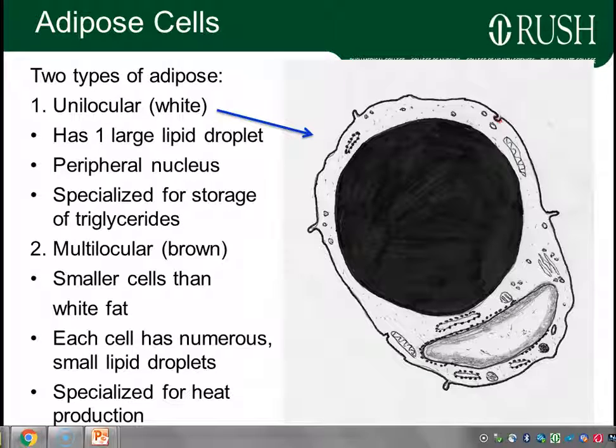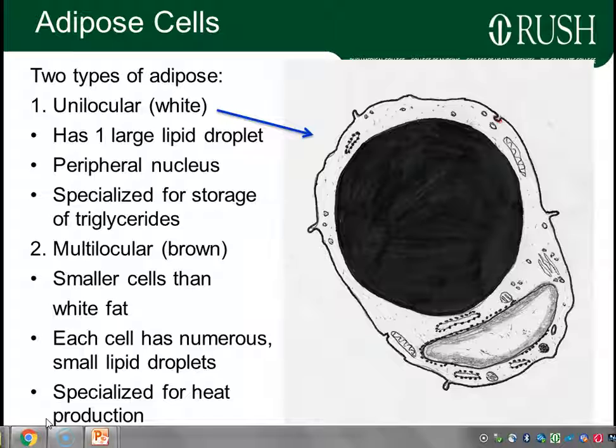This is characterized by each cell having one very large lipid droplet which takes up the majority of the volume of the cytoplasm. Therefore, all of the cytoplasm and the nucleus are pushed to the periphery of this cell. These, of course, are specialized for storage of triglycerides as an energy source.